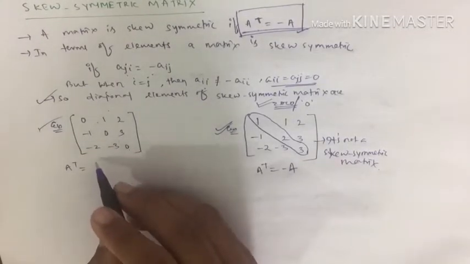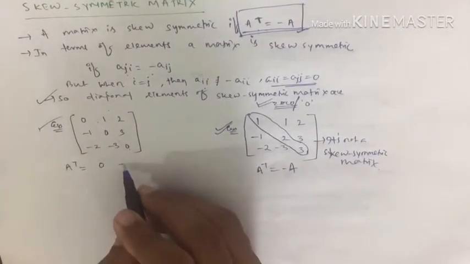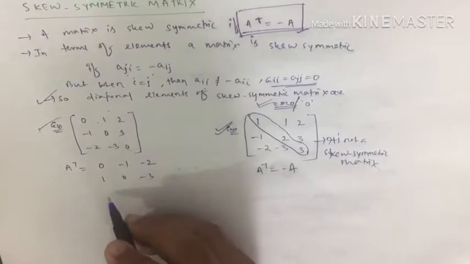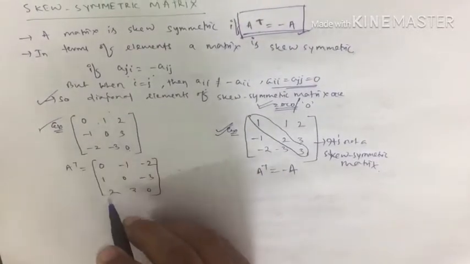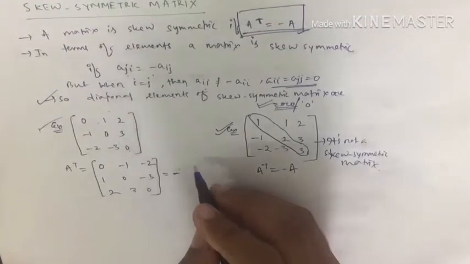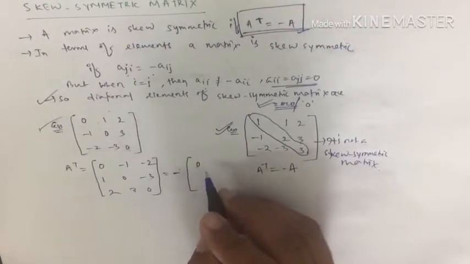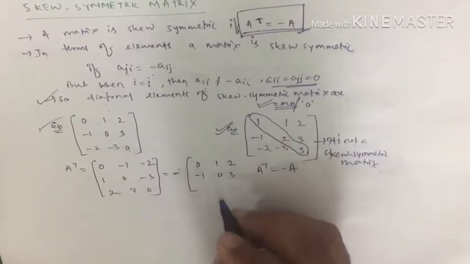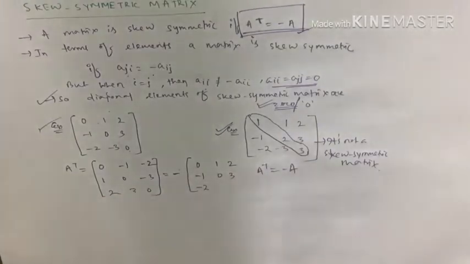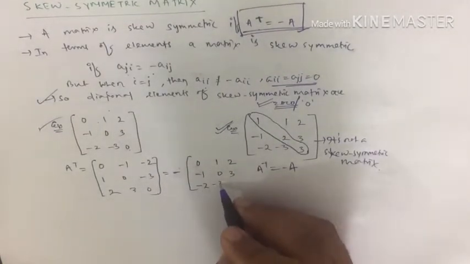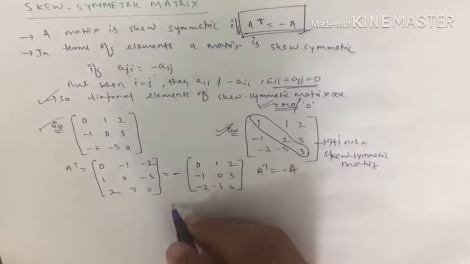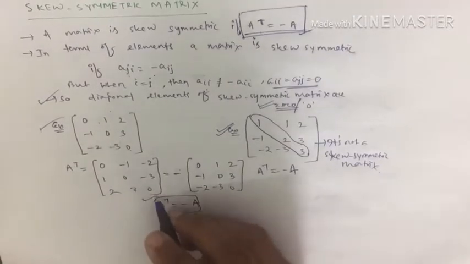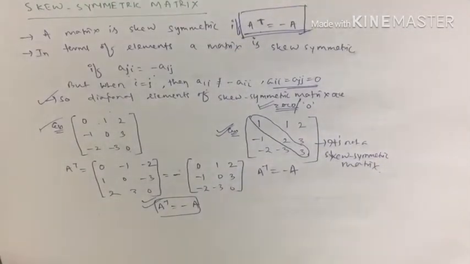You will get 0, minus 1, minus 2, just write the columns into rows, 1, 0, minus 3, 2, 3, 0. Take minus common, you will get 0, 1, 2, minus 1, 0, 3, and minus 2. Just write the negative as positive and positive as negative, and 0. You will come back with the same matrix A. So here you verify A transpose is equal to minus A. So it's a skew symmetric matrix.